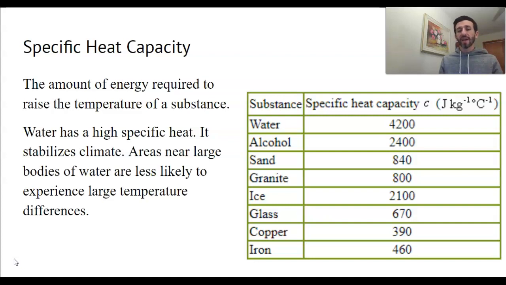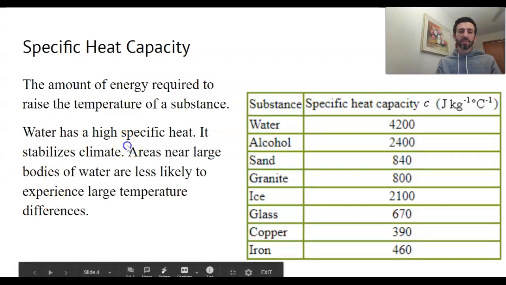So what this means is that areas with big bodies of water tend to have more consistent weather because it takes longer for the water to heat up in the summer, and it takes longer for the water to cool down in the winter. So just having a large body of water near land will keep the climate of that piece of land more consistent, okay?